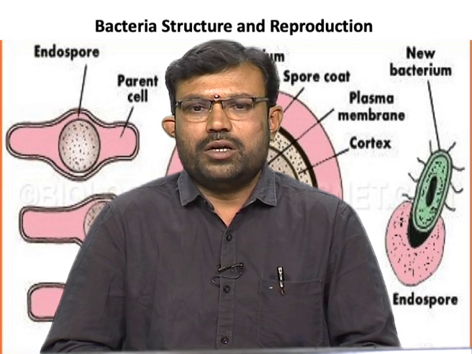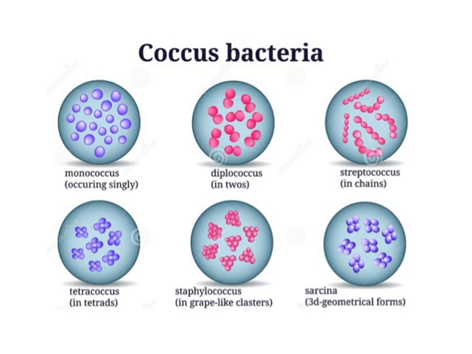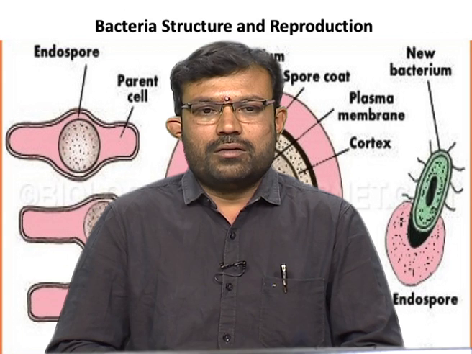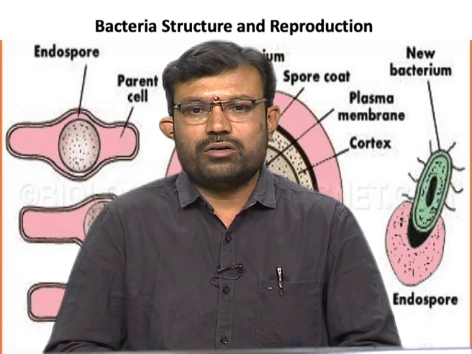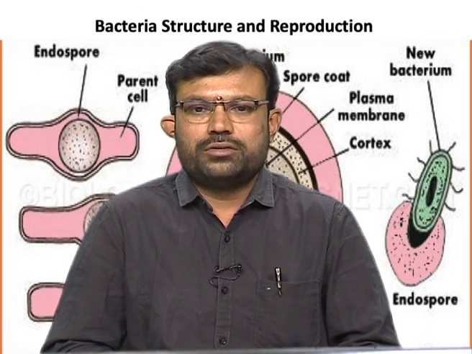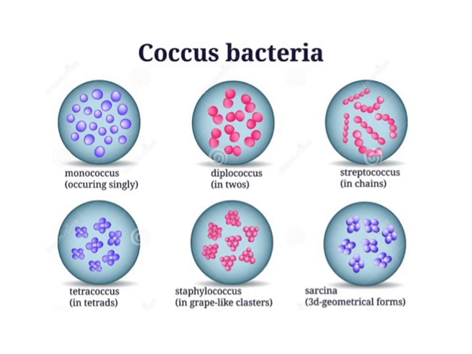Next, tetracoccus: four spherical shaped bacteria, forming tetrads; tetra means four. Next, streptococcus: more than four bacteria fused and forming a chain-like form.